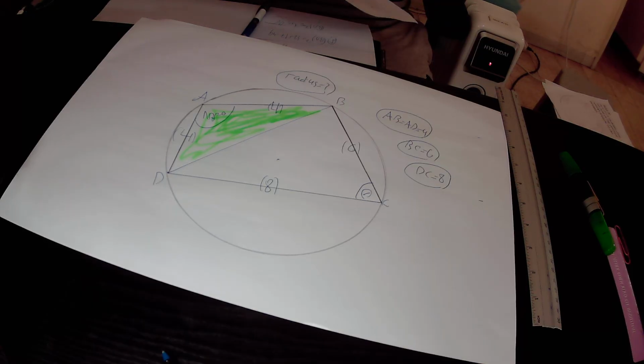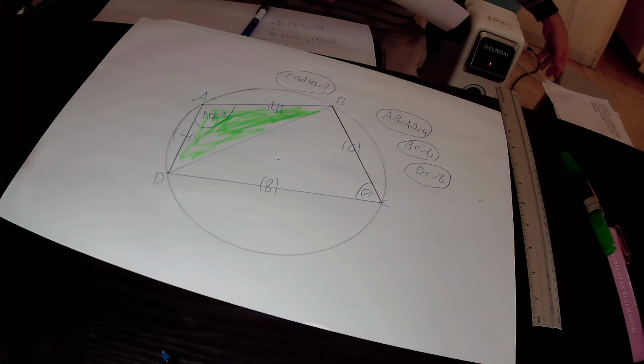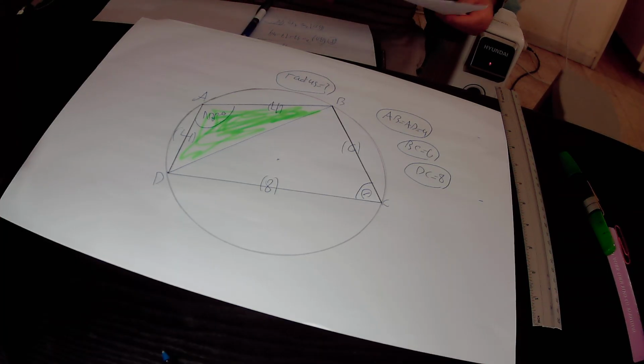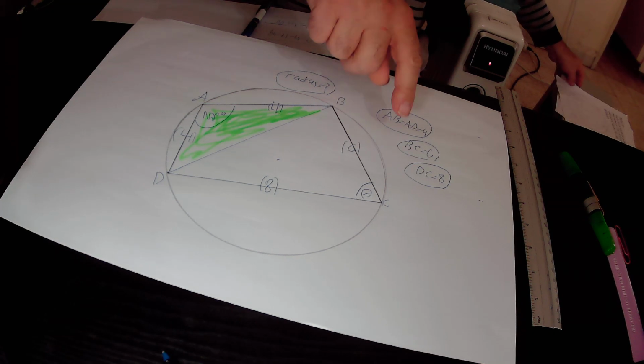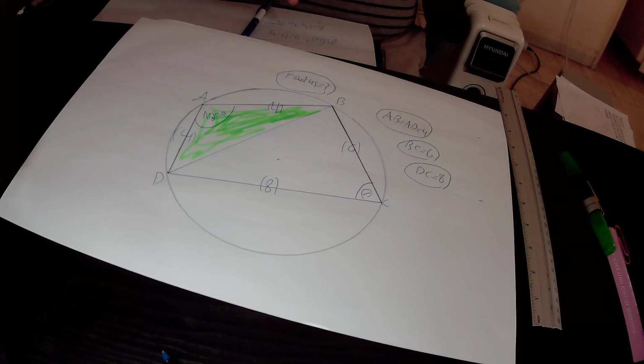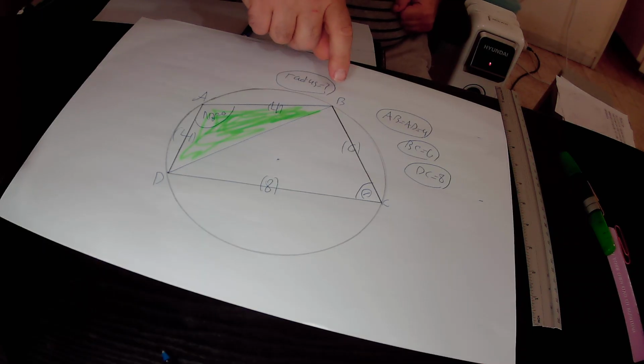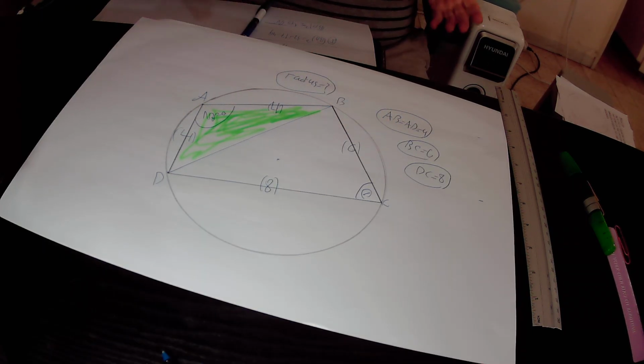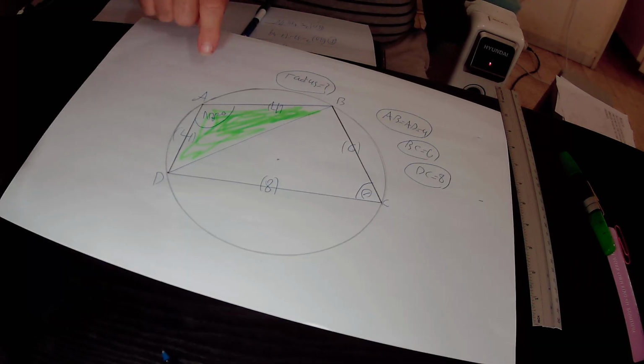We can actually implement the law of sines in its full version in triangle BDC. Why? Because triangle BDC is described by this circle. That is to say, because all three vertices B, C, and D of triangle BDC lie on the circle itself, it means that triangle BDC is described by this circle.